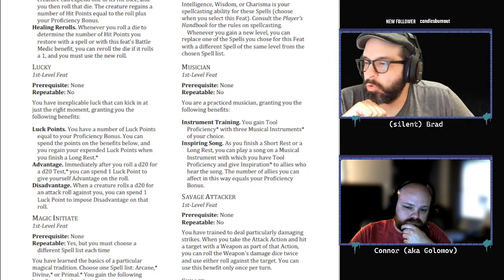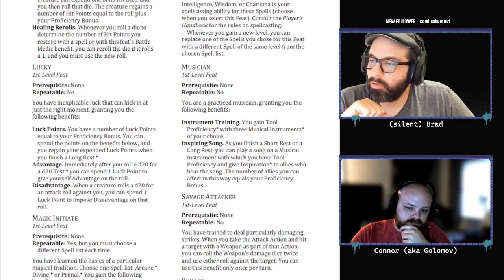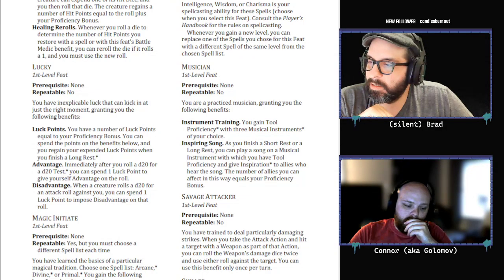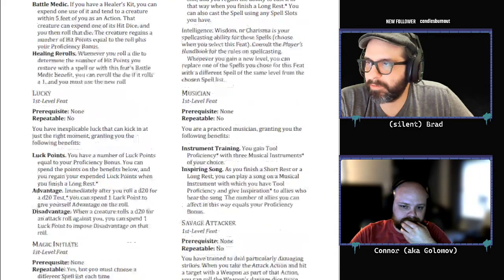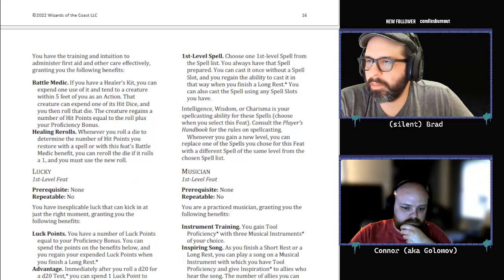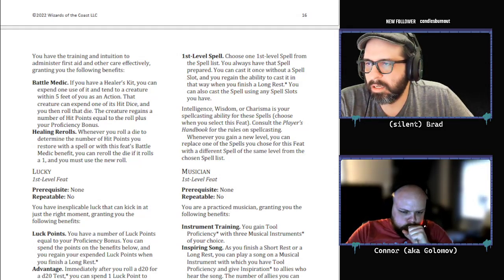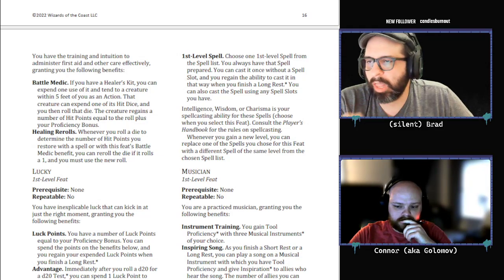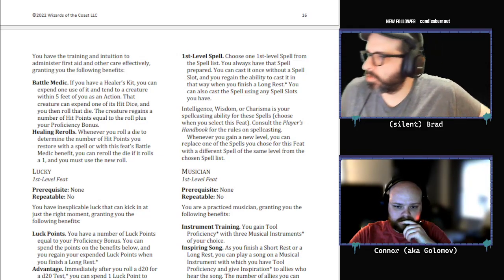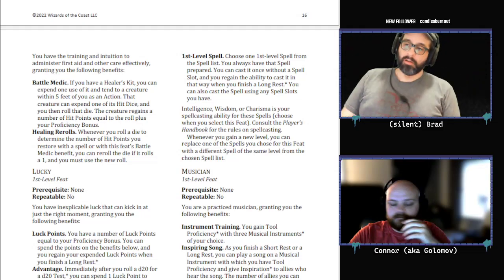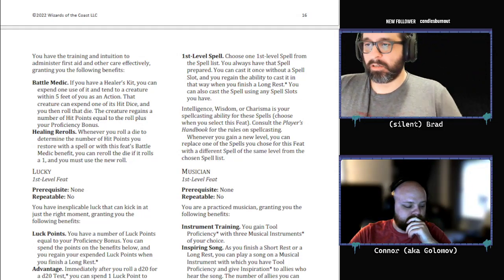Now you choose Arcane, Divine, or Primal spell list, and you get 2 cantrips from that list, 1 first level spell, and you use your choice of Int, Wis, or Charisma. And when you gain a new level, you can replace one of the spells. So that's an improvement.